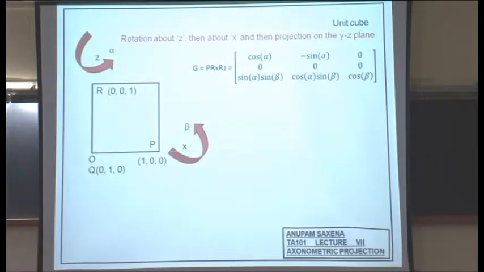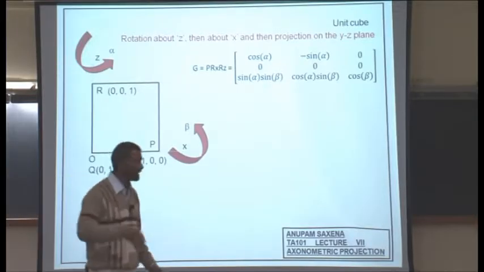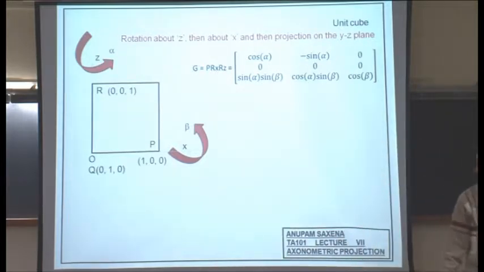Top row: cosine of alpha, minus sine of alpha, 0. Middle row: 0, 0, 0, which explains that you have actually gotten the image of the object on the xz plane, and therefore all the y coordinates are 0. And the third row: sine of alpha sine of beta, cosine of alpha sine of beta, and cosine of beta.